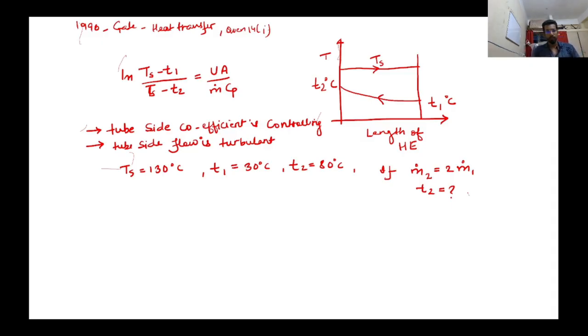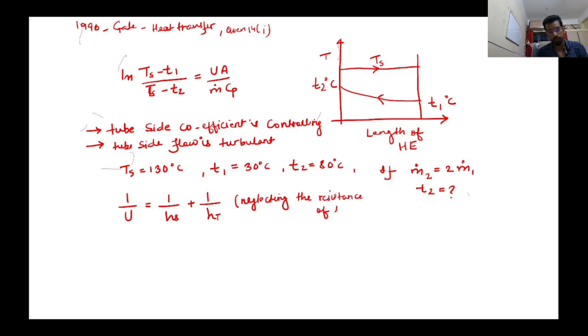Okay, so the very first thing, it is saying that the tube side coefficient is controlling. That means we know that for the overall heat transfer coefficient, 1 by U is equal to 1 upon the heat transfer coefficient of shell side plus 1 upon the heat transfer coefficient of tube side, HT, neglecting the resistance of tube wall.